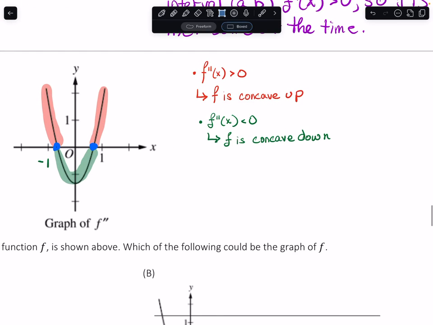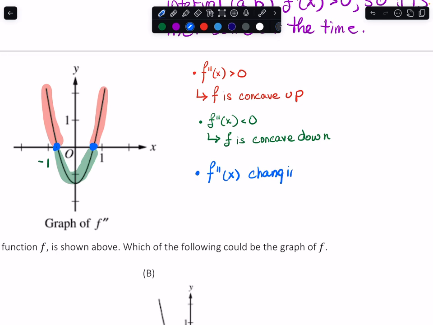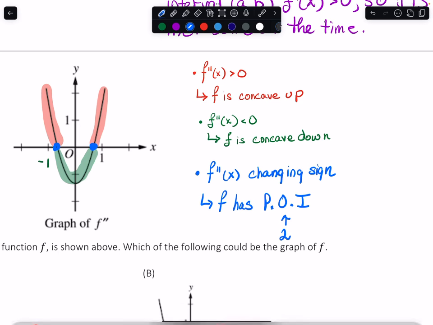So I would say in blue here, f double prime of x is changing sign. And since the sign is changing, f has, I'm just going to abbreviate, POI, person of interest. No, I'm kidding. Points of inflection at those 2 places. There's 2 points of inflection.